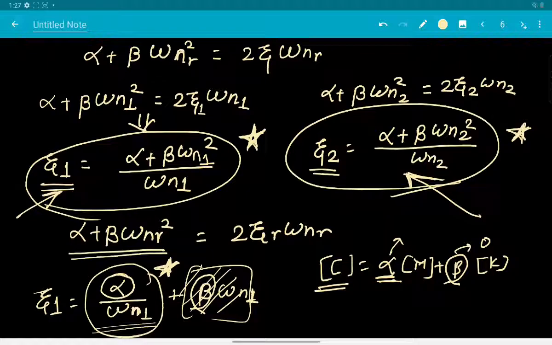So for smaller frequency forces which we typically encounter, we never go for larger values of alpha and smaller values of beta. However, we go for a much larger value of beta, which ensures that xi increases with increasing omega nr. So for larger frequencies you get larger xi, that is larger damping, that is, larger mode shapes are more damped.